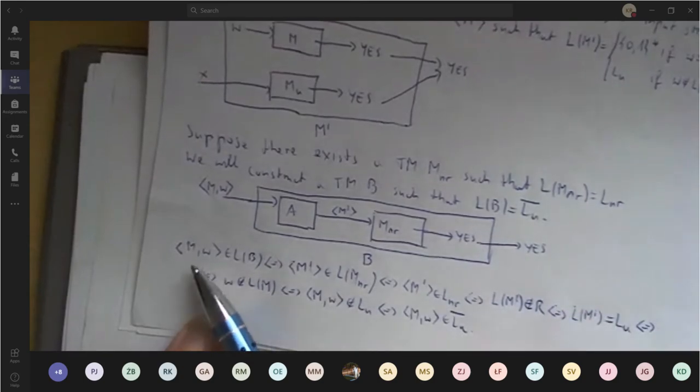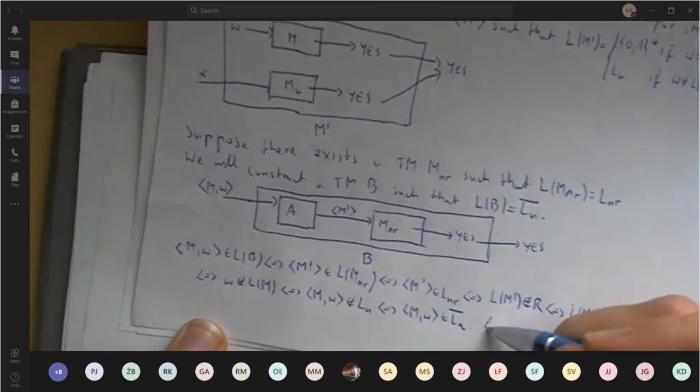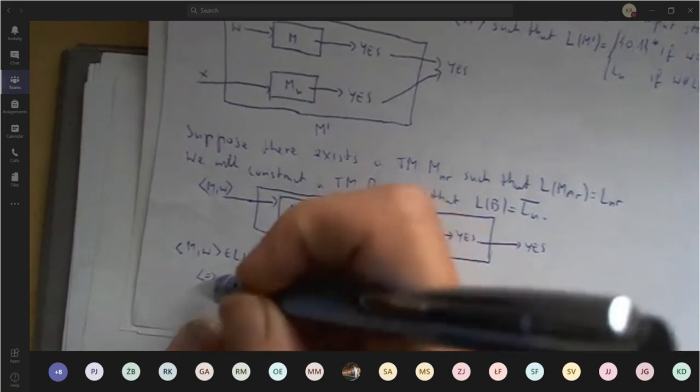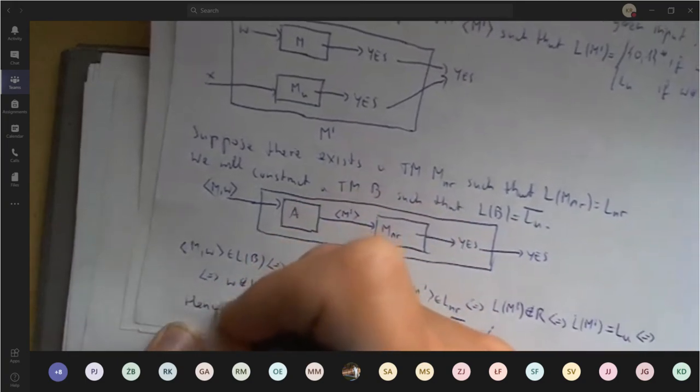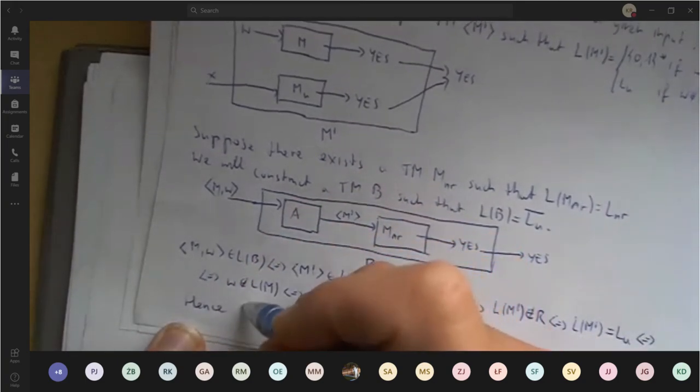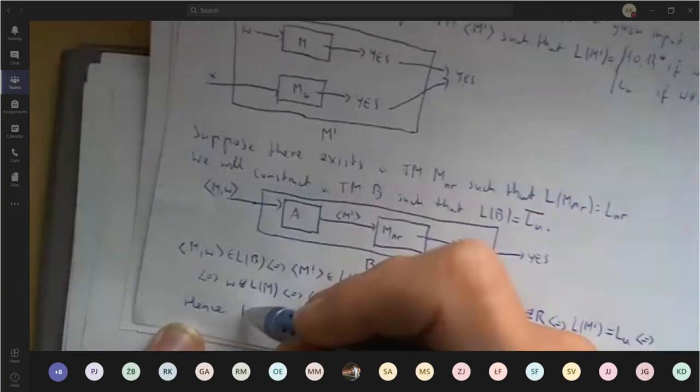So we have shown that MW belongs to the language of B if and only if it belongs to the complement of the universal language. So the language of B is the complement of the universal language, and this is a contradiction because this language is not recursively enumerable. Hence, this assumption was false.